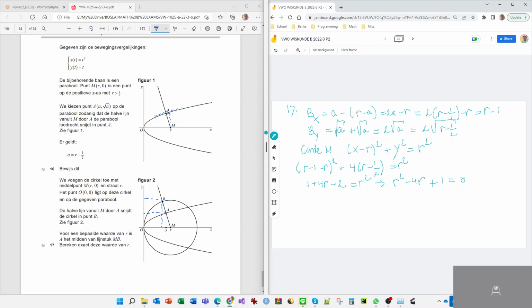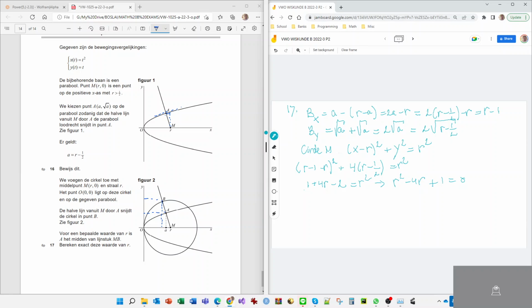Now the factors of 1 are 1 only, so there's not much we can do to factorize it simply, but we can try to split the squares.